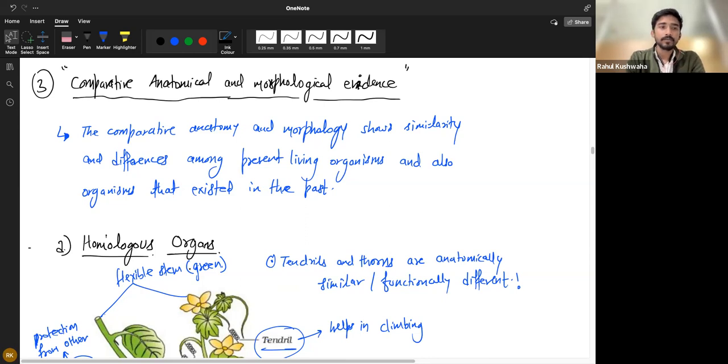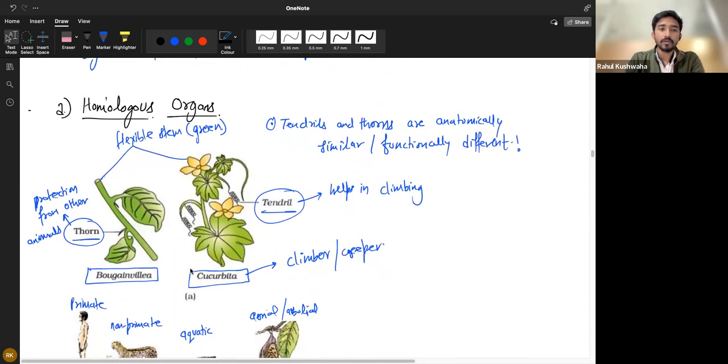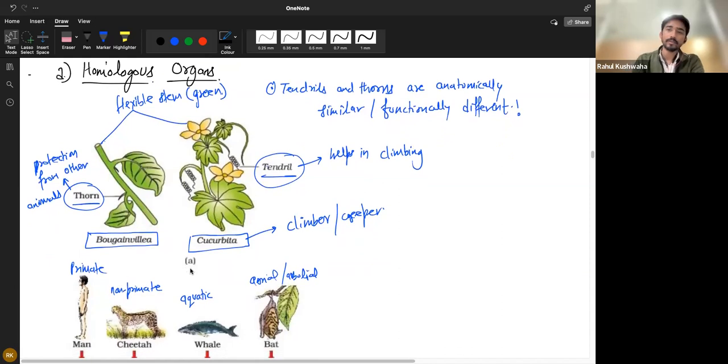While doing that, we got to know of homologous organs. There are organs that look similar anatomically, but serve different purposes functionally. These are called homologous.